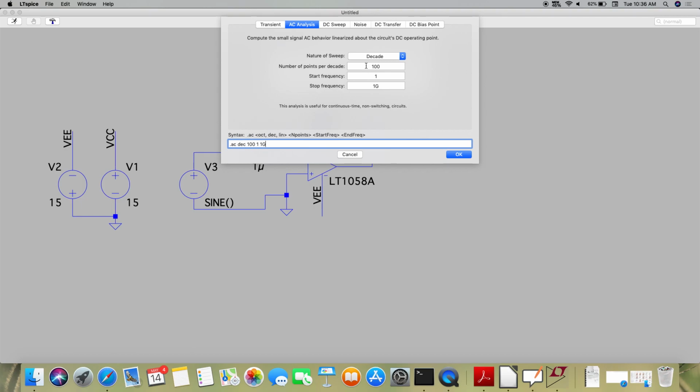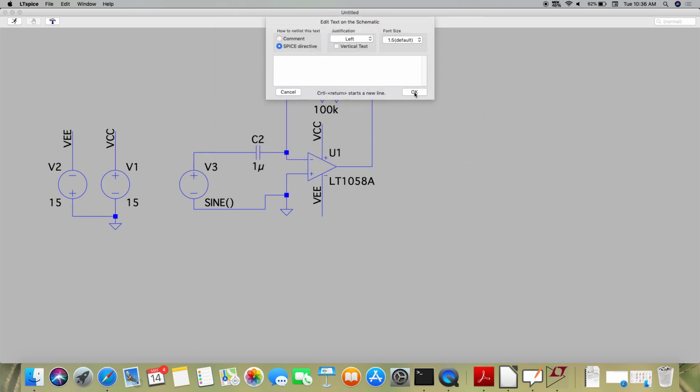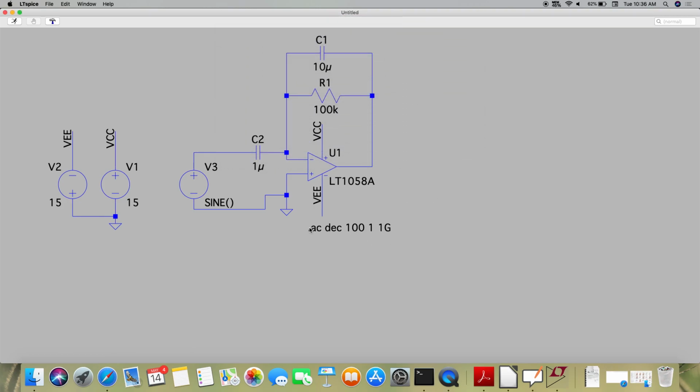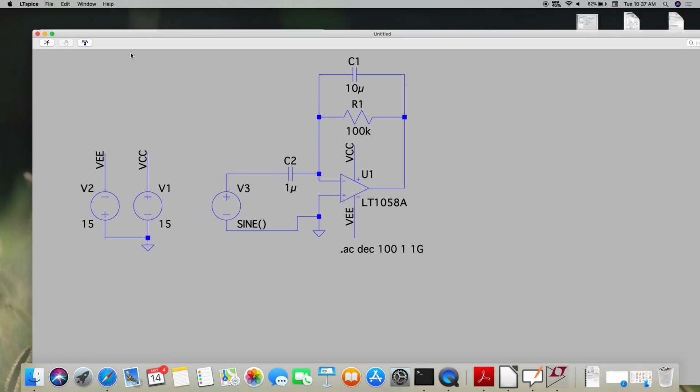Per decade you will have 100 points, and the analysis is from 1 to 1 giga. I kept it here so that my simulator knows that it has to do the AC analysis, right? And then you can do this run command.